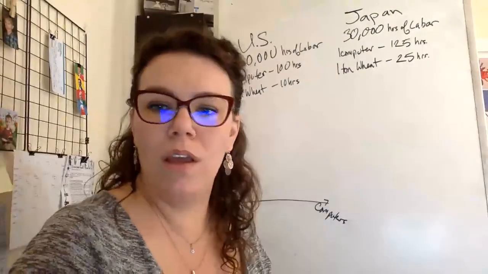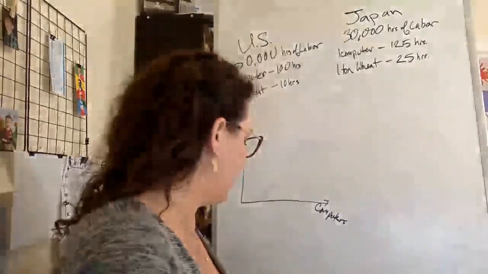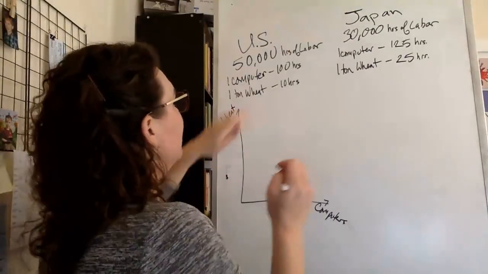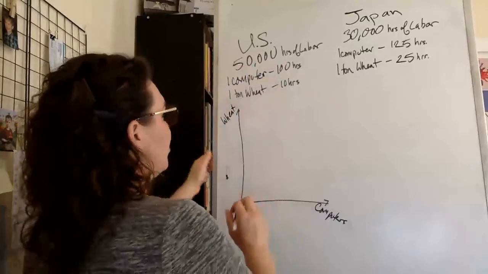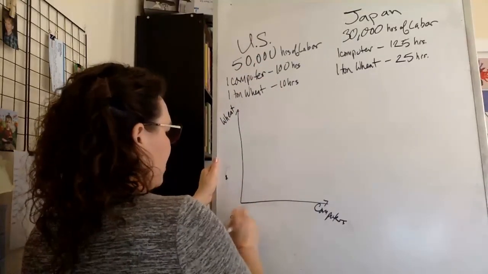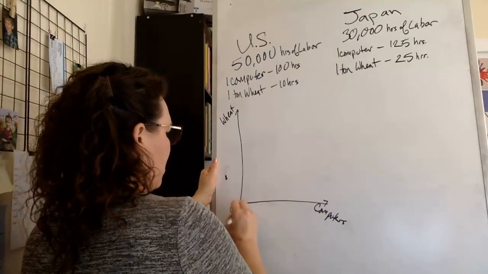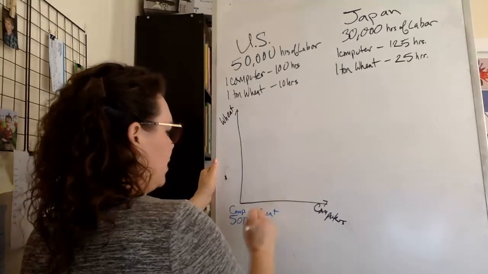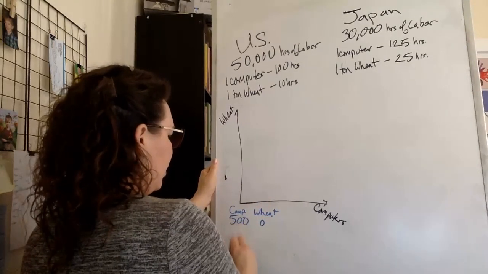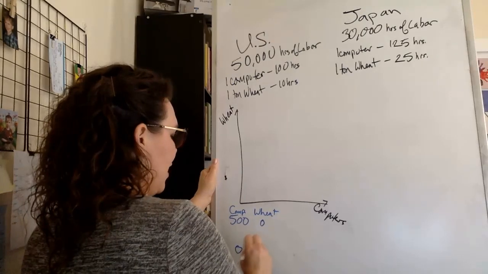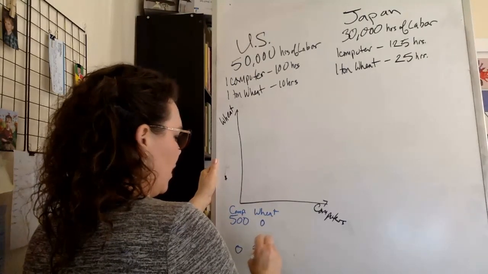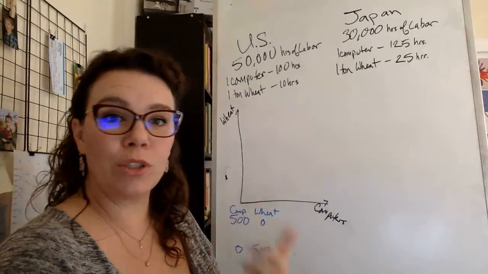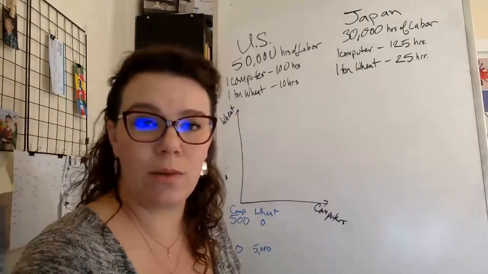So the US could spend all of their energy, all of their 50,000 hours, producing 500 computers and 0 tons of wheat, or they could produce 0 computers and 5,000 tons of wheat, or produce any other combination between the two.